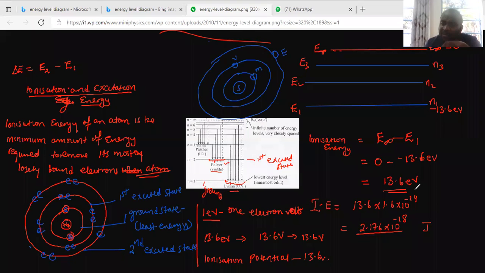The units here are in terms of eV, the units there are in terms of volts. This is voltage, the other one is energy. eV is energy, whereas V is voltage. So our electron would have moved through a PD of 13.6 volts, because 1 electron volt is the work you do to move 1 electron through a PD of 1 volt. Now, if the PD is 13.6, then this electron to have 13.6 eV has actually moved through 13.6 volts of PD.